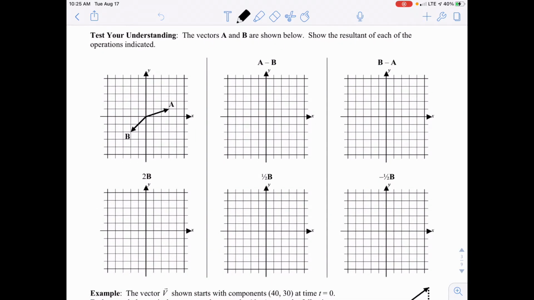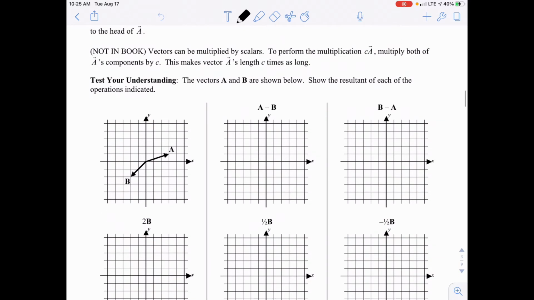In order to show the resultant vector and to add vectors A and B, or to do vector operations, we're going to use what is called the tip-to-tail method. This is something we're going to go over in class. So if this looks pretty foreign to you, don't worry, just copy it down for now. It will explain itself as we go over it in class.